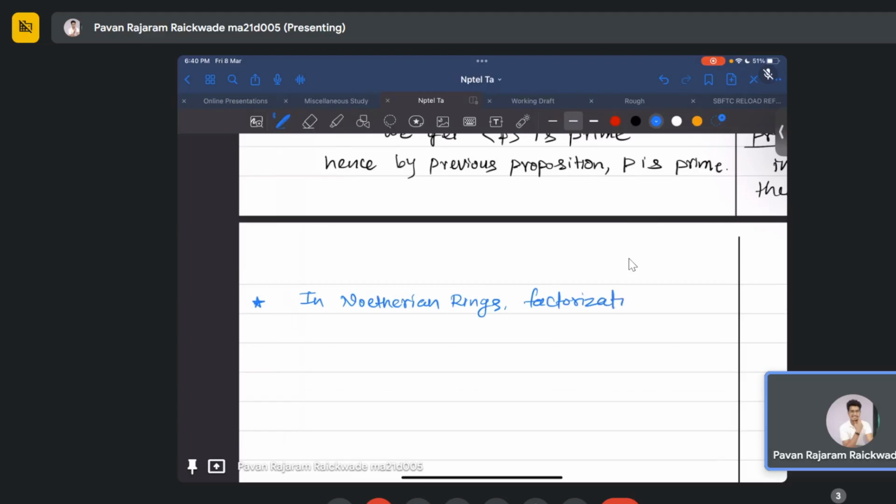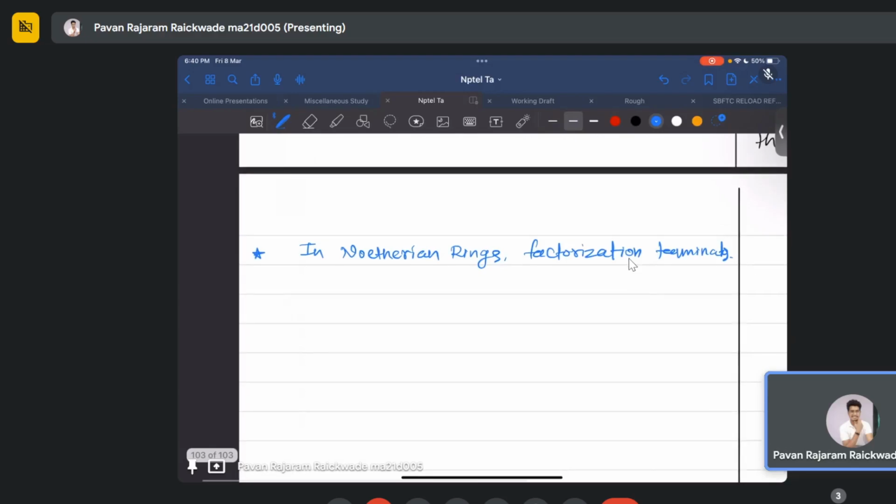Noetherian means every ideal is finitely generated. In particular, all principal ideal domains are Noetherian rings. Factorization terminates. Hence, you have the following proposition: every PID is UFD.